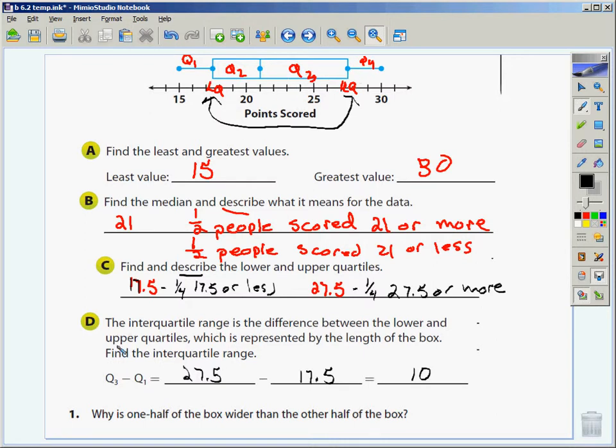Okay. The next question is actually flipped over on the next page, but I wanted you to be able to see it. Why is one half of the box wider than the other half? So if I'm looking at the box, this is kind of short compared to this. It almost looks like it's twice as big. Does it mean that there's more people in Q3 than there is in Q2? Why is it wider, Marcus?